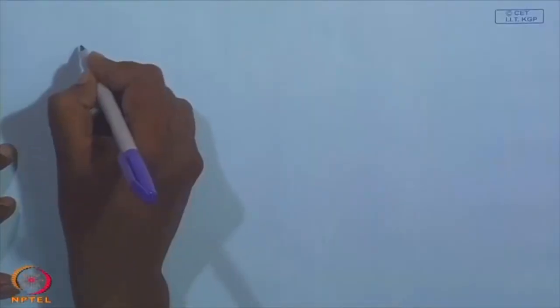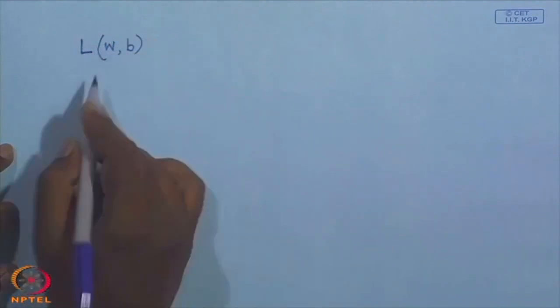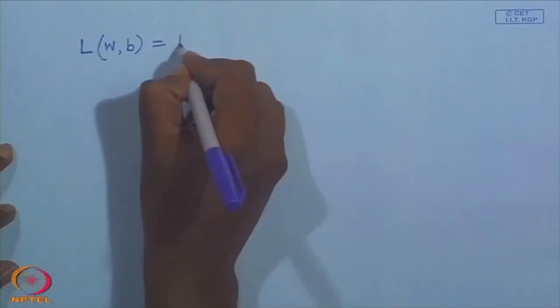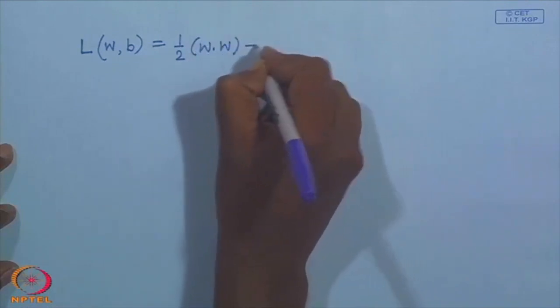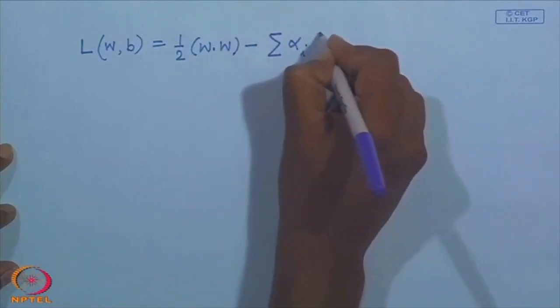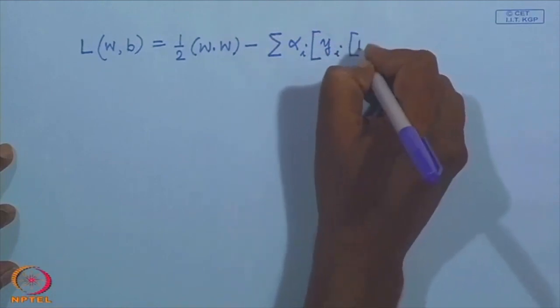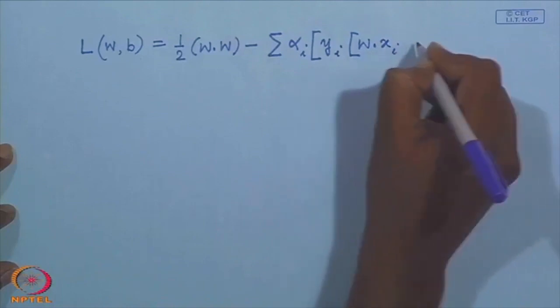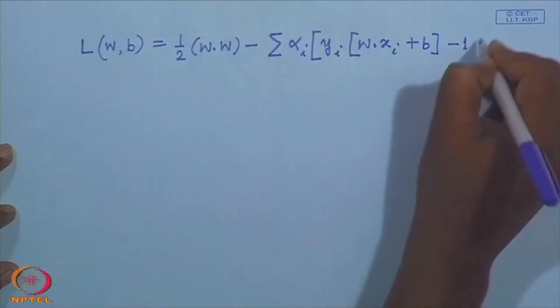So, I can define a Lagrangian of the form L(w, b), because as we said that I want to minimize w, L(w, b) will be half of w dot w minus sum of alpha_i into y_i into w dot x_i plus b minus 1.